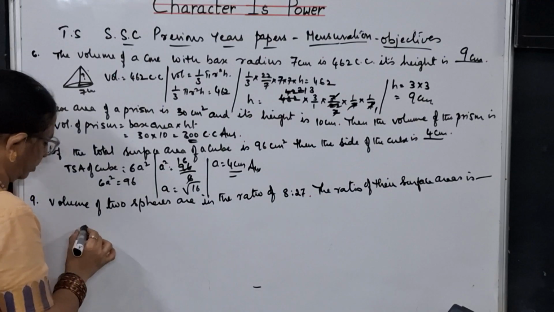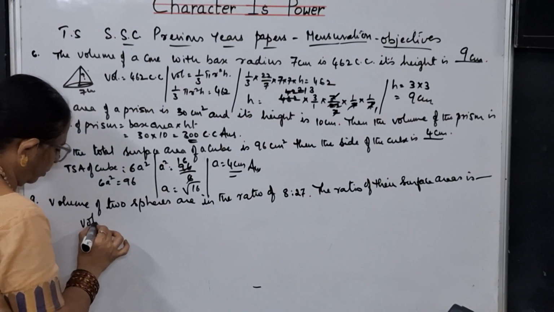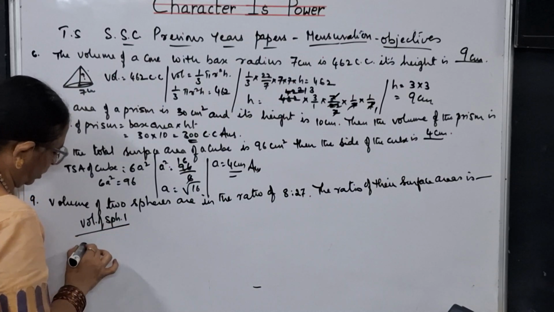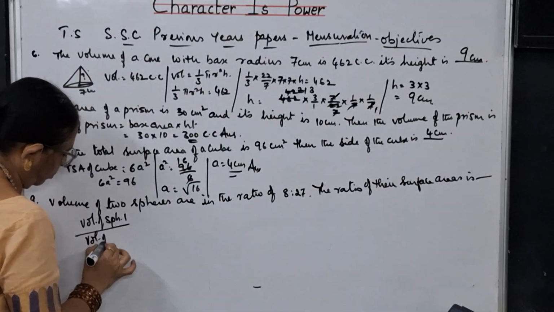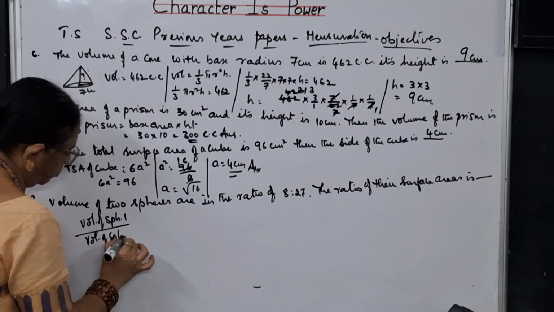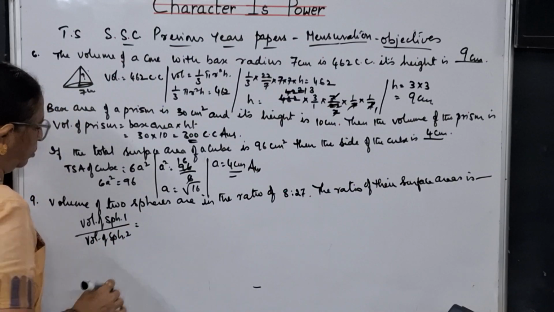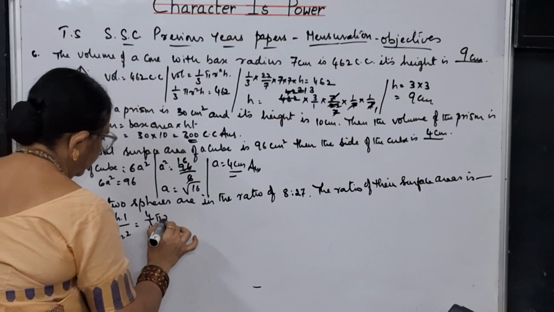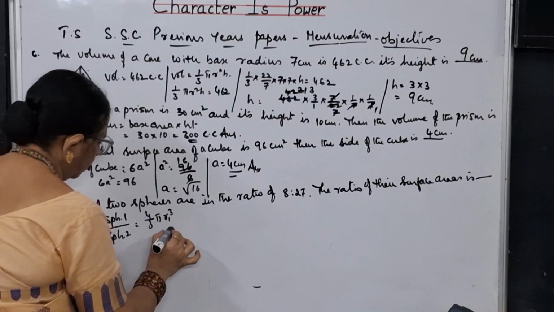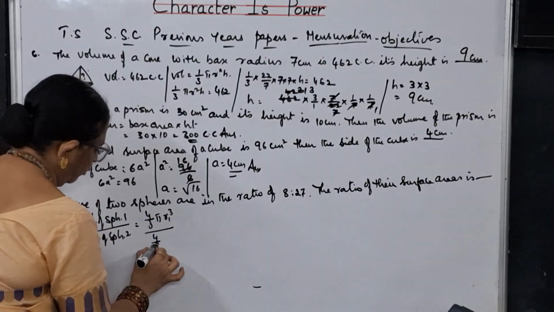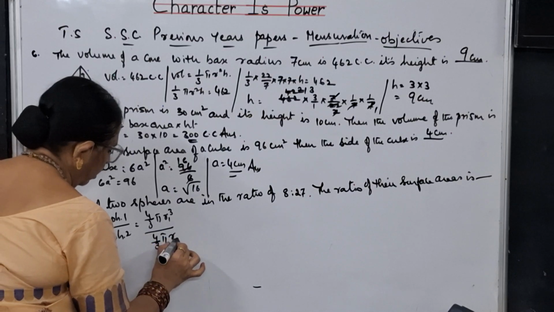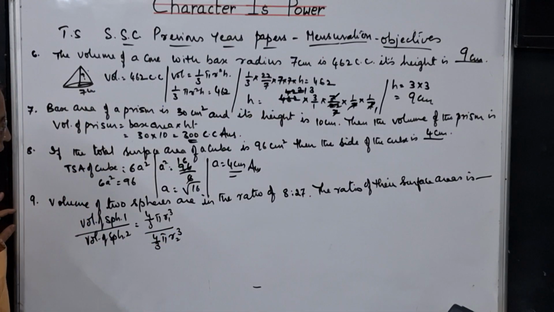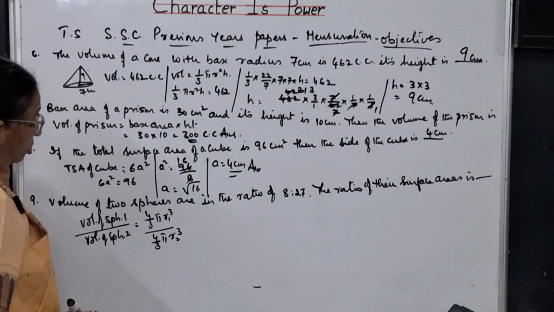Volume of the two spheres, that means volume of sphere 1 by volume of sphere 2. Volume of sphere 1, 4 by 3 pi r1 cube by 4 by 3 pi r2 cube, because spheres are different, so their radii also is different.